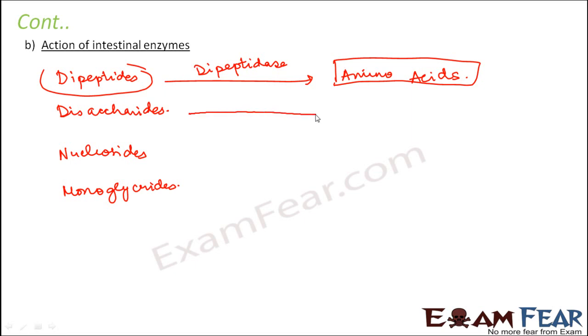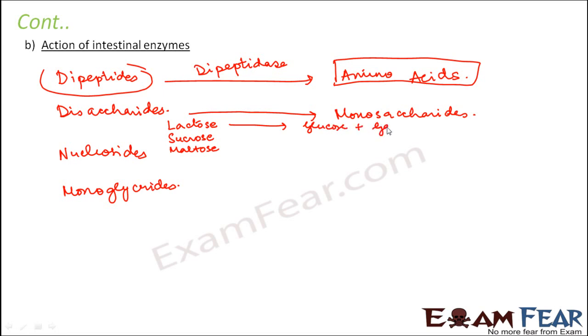Similarly, disaccharides get converted into monosaccharides by the action of different enzymes. Examples of disaccharides would be lactose, sucrose and maltose. All of them get converted into the corresponding monosaccharides. Lactose gets converted into glucose and galactose in the presence of an enzyme called lactase.